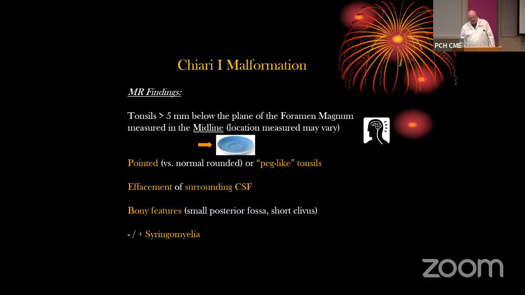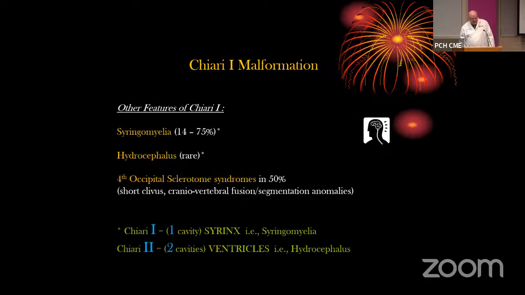This can be a related problem of a small posterior fossa or a short clivus, and the patient will need an MRI of the spine and spinal cord, because syringomyelia is also a feature associated with Chiari-1. And the percentage who have syringomyelia varies widely, but approximately, taking an average, maybe 50%.